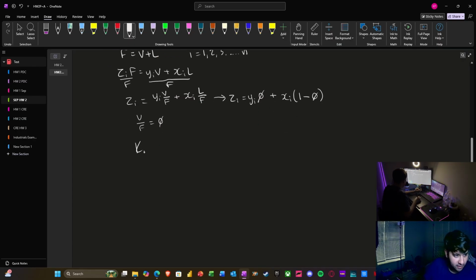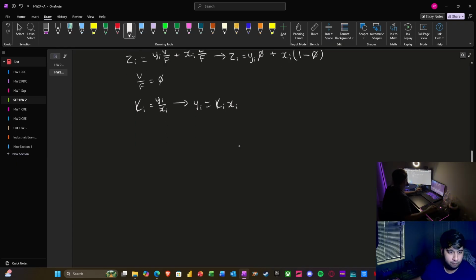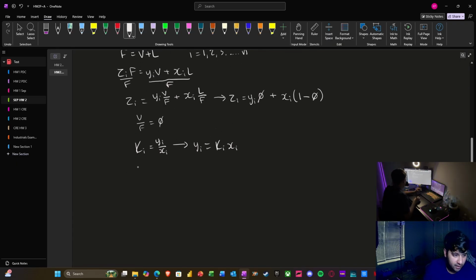I want to also keep in mind our K constant, which is y_i over x_i, or Raoult's law, and how this is going to relate is we're going to make y_i equals K_i times x_i, and we can go ahead and substitute that in, so then we're left with K_i x_i phi plus x_i times 1 minus phi.